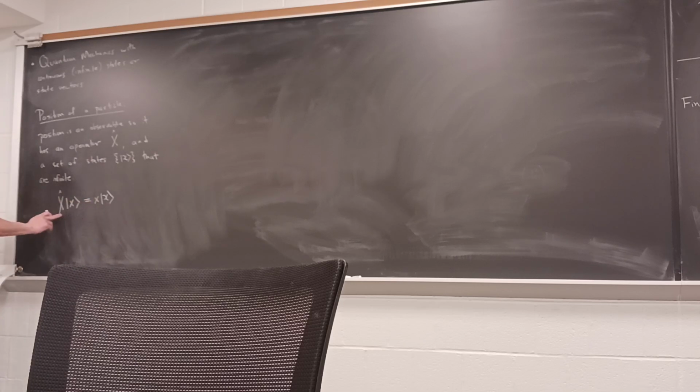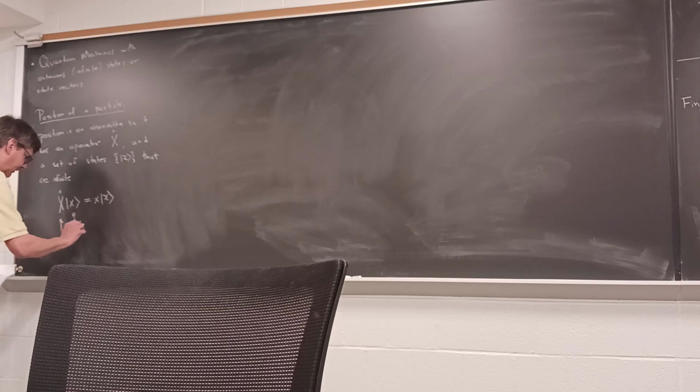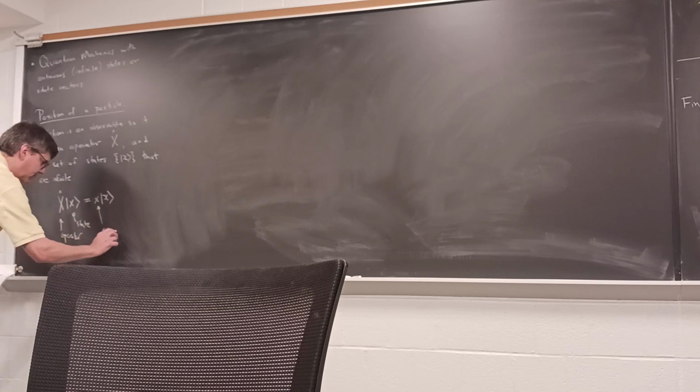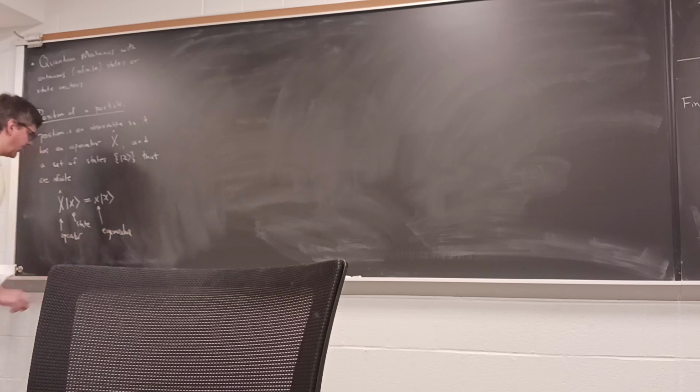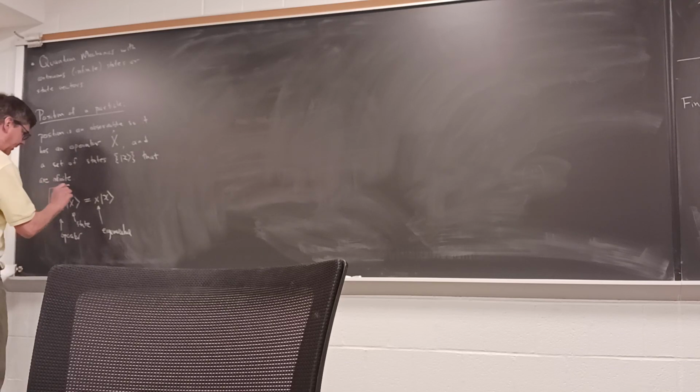We have the operator, we have the state, we have the eigenvalue that the operator brings out of the state, or whenever you operate on the state, you get the eigenvalue for that eigenvector. And so this is just your standard eigenvalue equation.